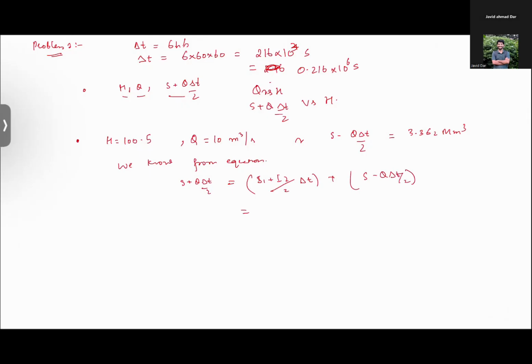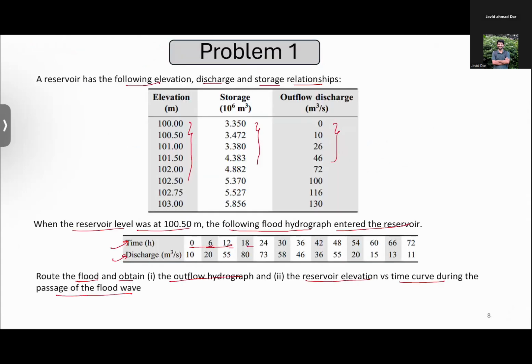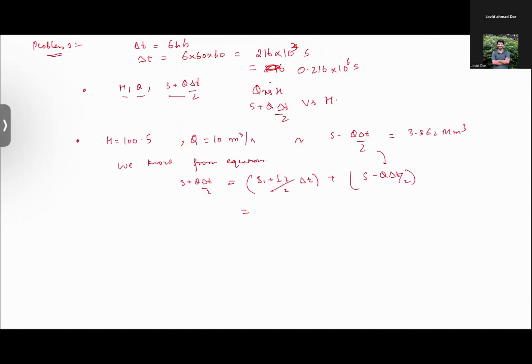If you put the value here and use the value of I1 and I2 divided by 2, which are given, this is your I for the first time step. So it comes to be 10 plus 20 divided by 2 times 0.0216, plus you have the value of 3.362. You compute, and this comes out to be 3.686 million meter cube.